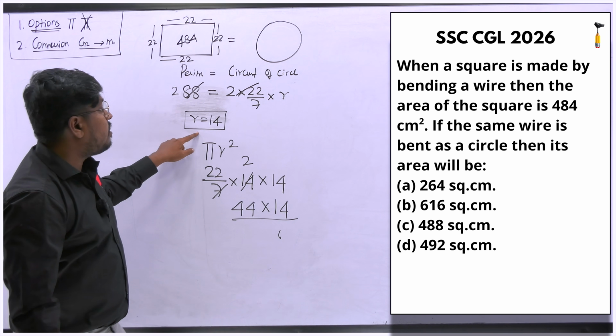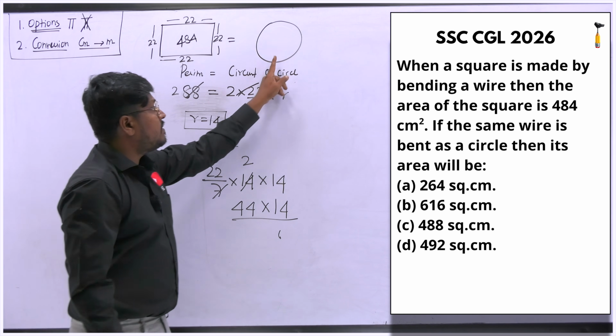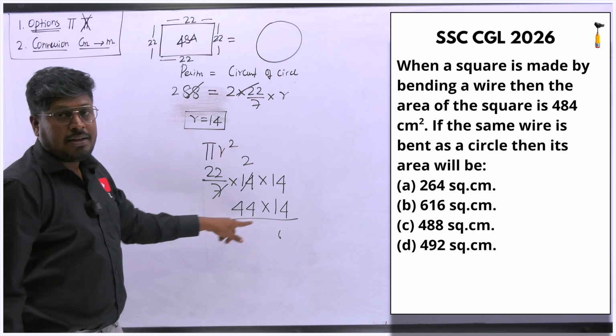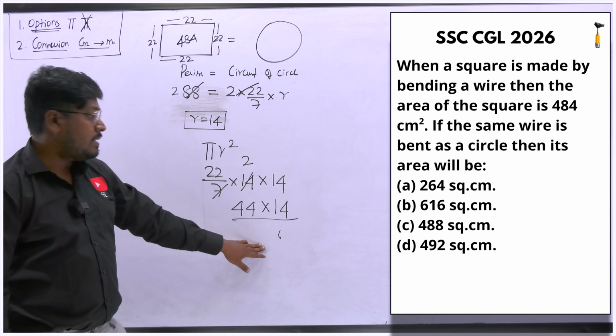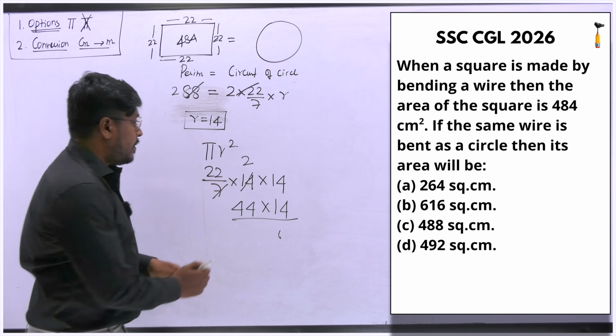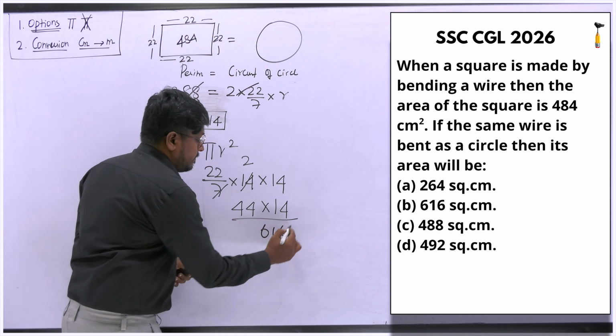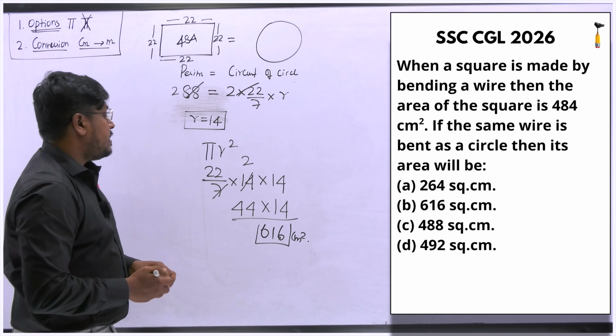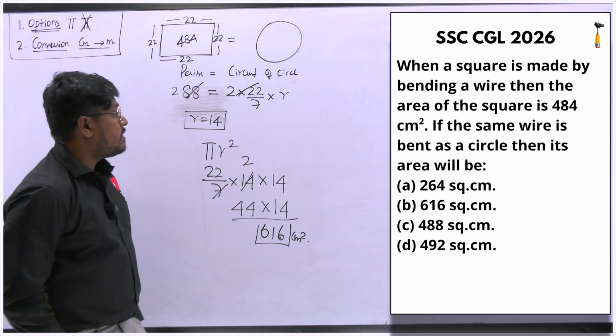Now, according to the question, our target is to find the area of the circle, which is pi r squared. Substituting all the values here, the resultant will be the area of the circle. 44 into 14: 4 4s are 16, 1 4 is 4, 1 6, 616. All the values are in centimeters, yes, so 616 centimeter square will be the answer for the question.